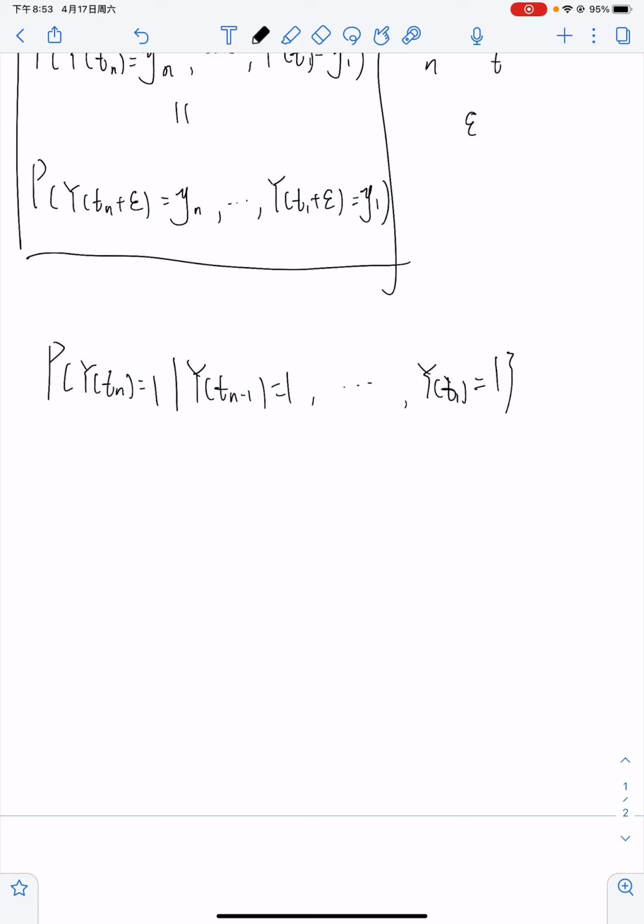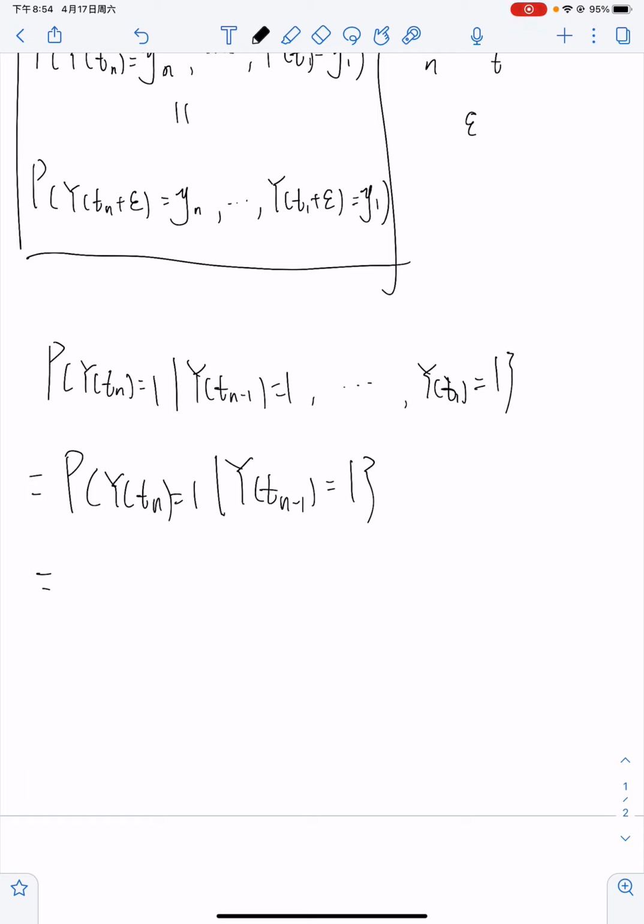In lecture, we proved that this is equal to the probability that the number of signals arrived in this interval is even.